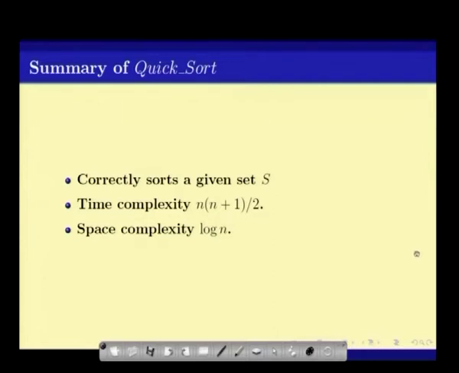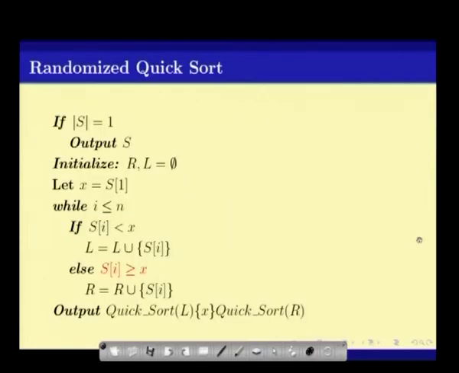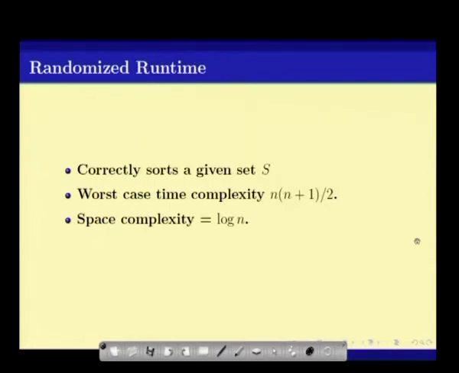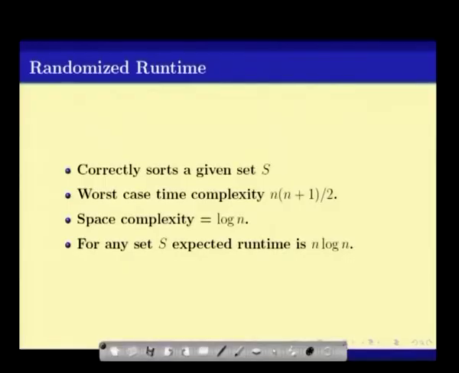But we also saw that if instead of picking a particular x, in this case the first element of the set, we pick a random element from this set S, in that case we have an expected running time, or in other words the average running time will become something of the form n log n. So, clearly n log n is better than n square, and so it was better than insertion sort.